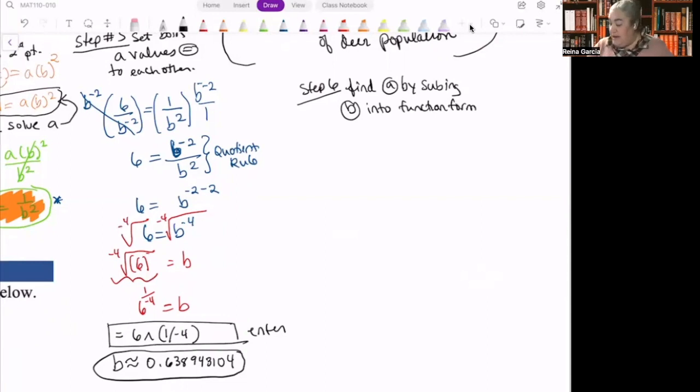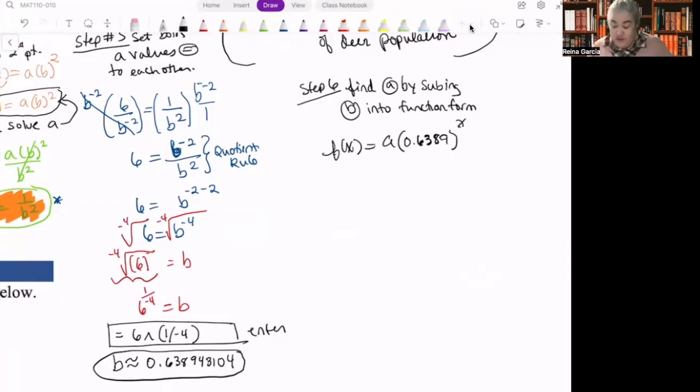So we take f of x equals a times our b, taken to 4 places past the decimal, 0.6389 raised to the x power. This is how far we've gotten in step 6.